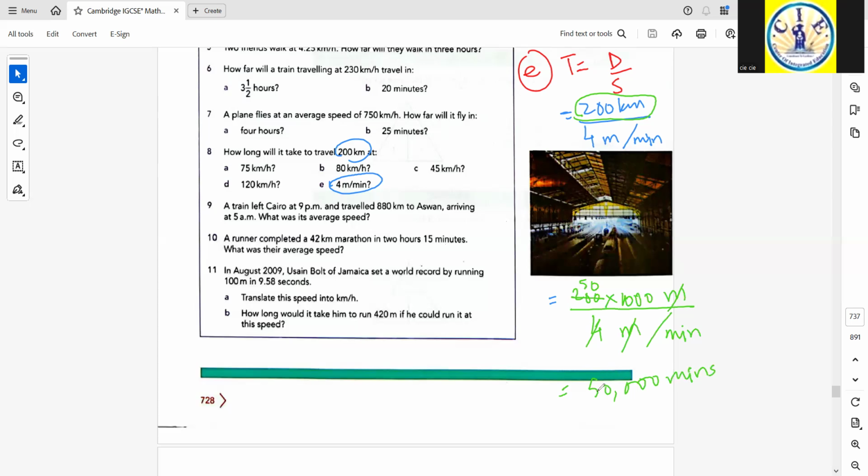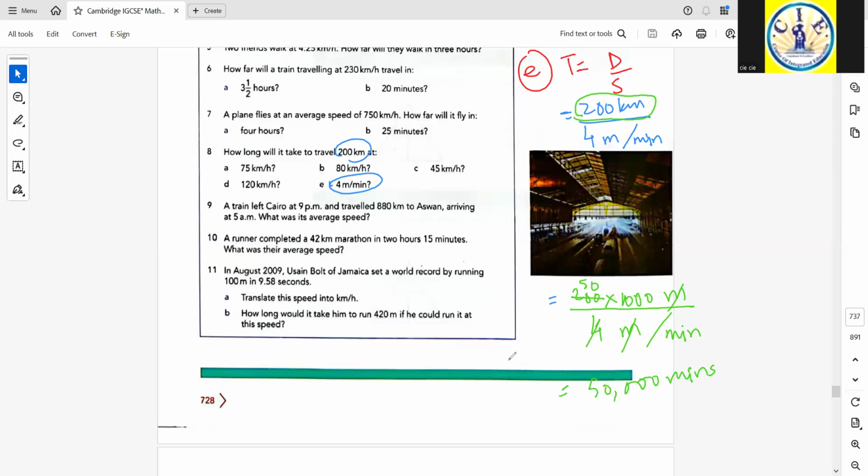Instead of giving the answer in minutes for 50,000 value, let's convert these minutes into hours or number of days, for example.